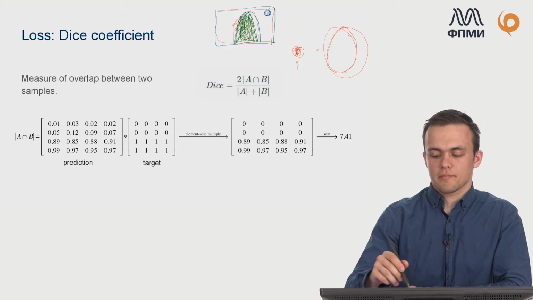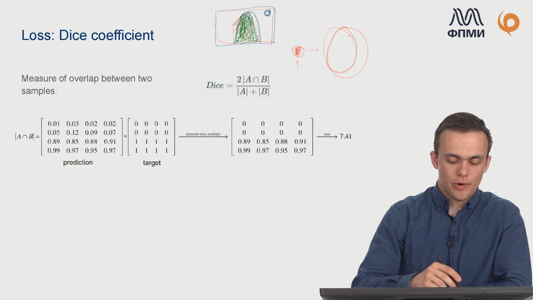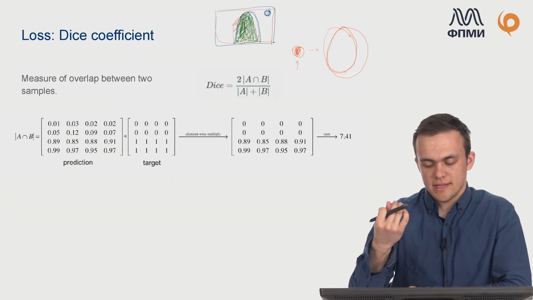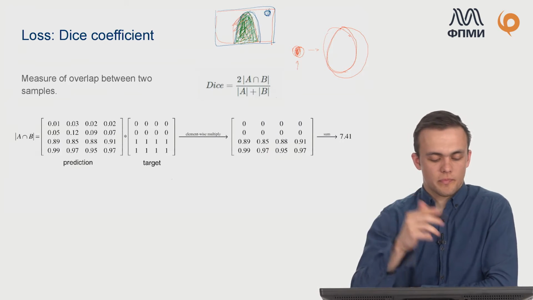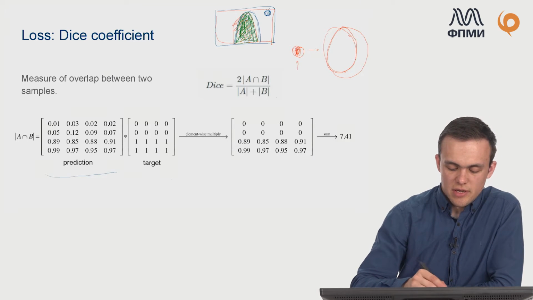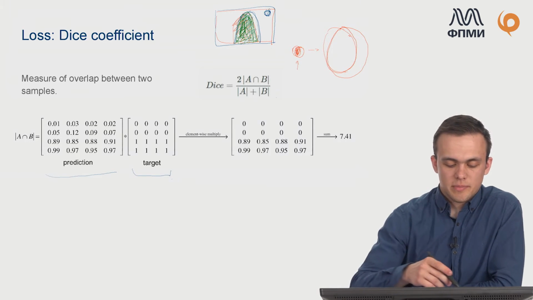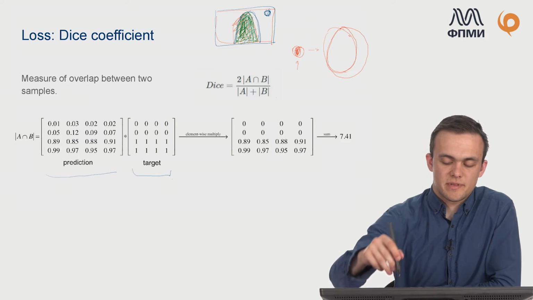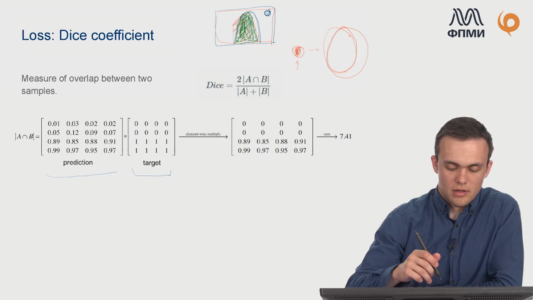And so this formula can be written in terms of element-wise multiplication. So here, for example, we have the prediction, and here we have the target. We just multiply them one by one, and this will be the intersecting region.